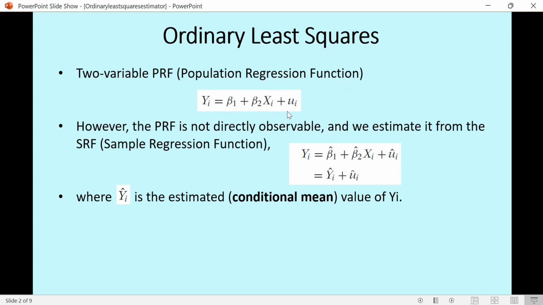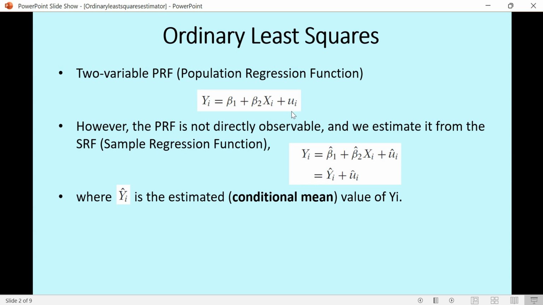So this means there exists some relationship between x and y, and we want to estimate the parameters beta 1 and beta 2 from this equation. Here ui means disturbance.